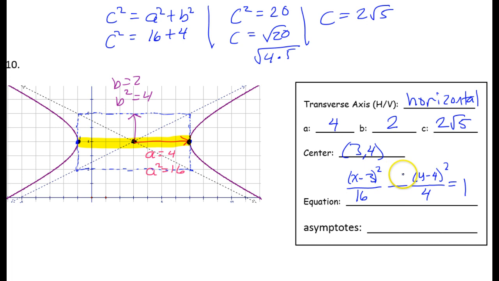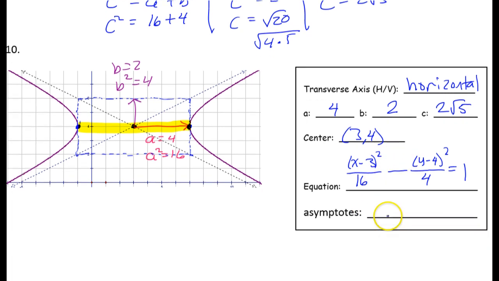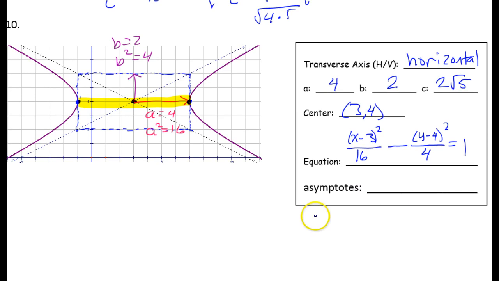So the only thing else they want, the equation of the asymptotes. So look, slope-intercept form, you guys. Here's a model that will always give you the equation of the asymptotes. I'm going to say y minus k is equal to plus or minus m times x minus h. This is just the point slope form of a line.